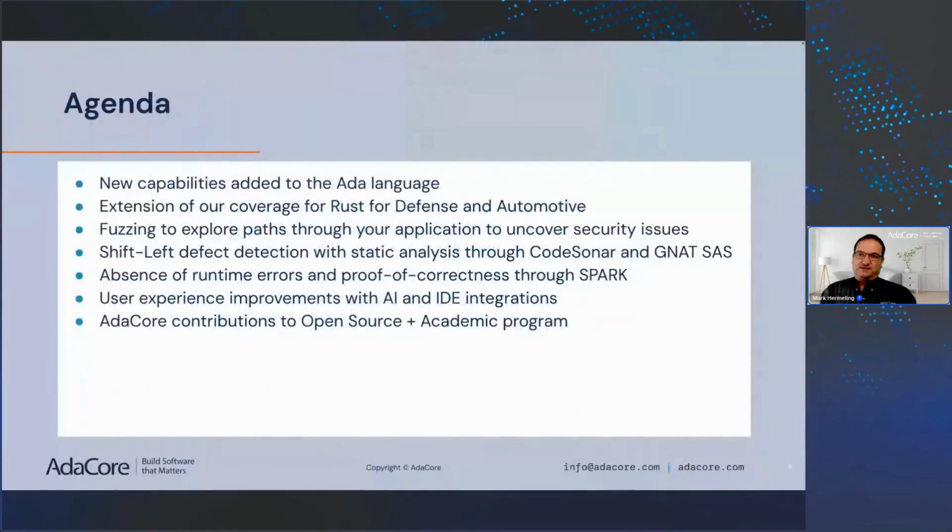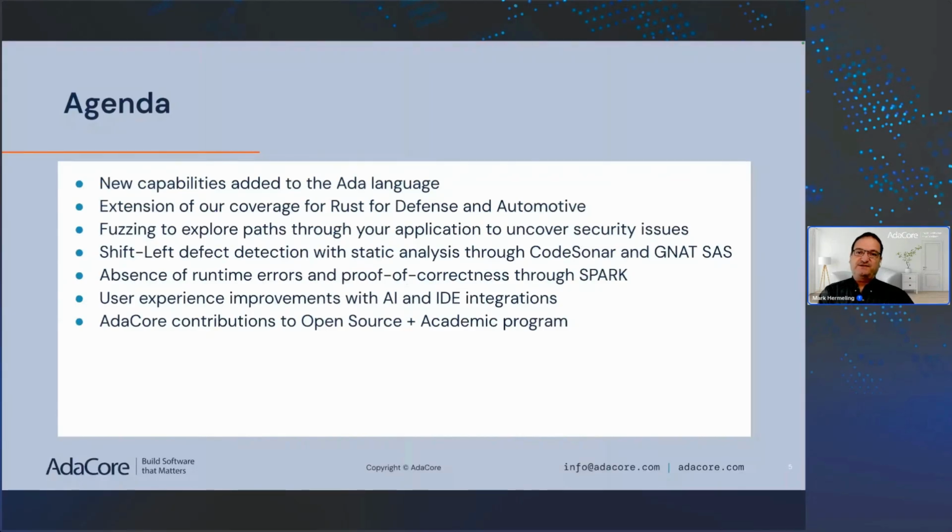From a topics perspective, this is the order that we'll go through everything. We'll talk about new capabilities added to the Ada language. We'll talk about extension of coverage for Rust, specifically focused on defense and automotive. We'll talk about fuzzing, part of our dynamic analysis suite, to explore paths through your application to uncover security issues that you may not know about just yet. CodeSonar and GNAT SAS is a big investment for us.